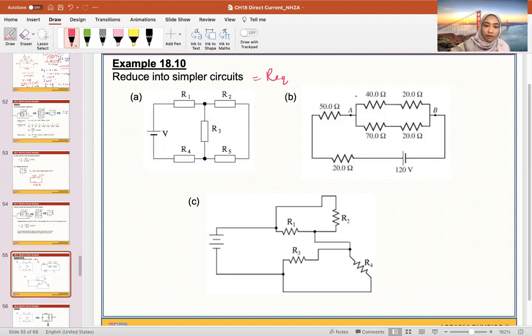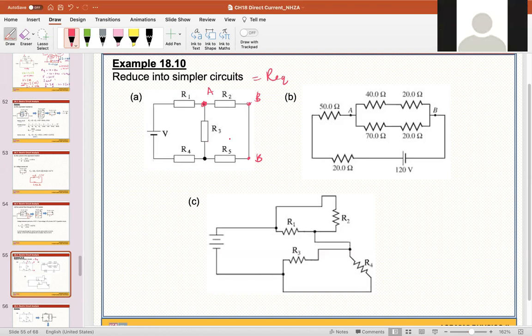So if I write dot A over here and dot B over here, is R5 connected to the same dots as R2? Not the same. This is B. A is connected to R3, not R5. So it is not parallel.